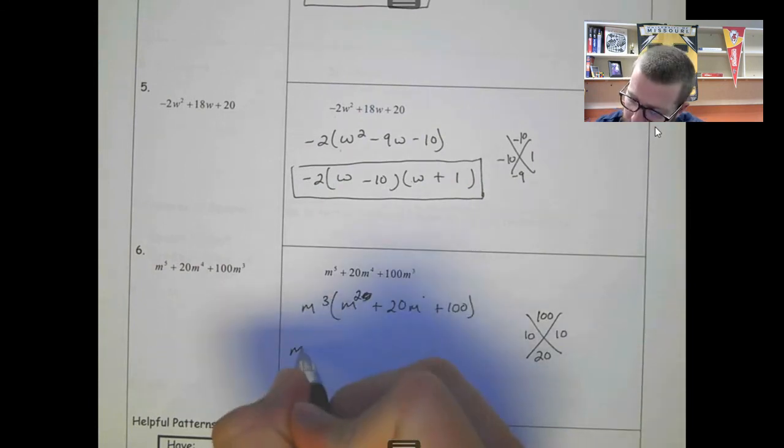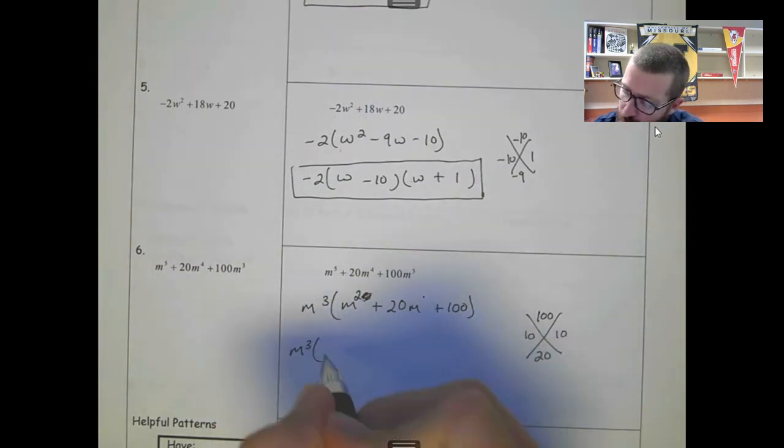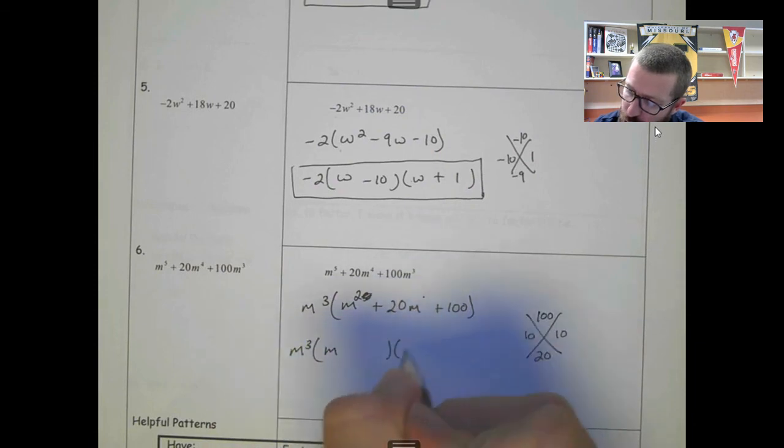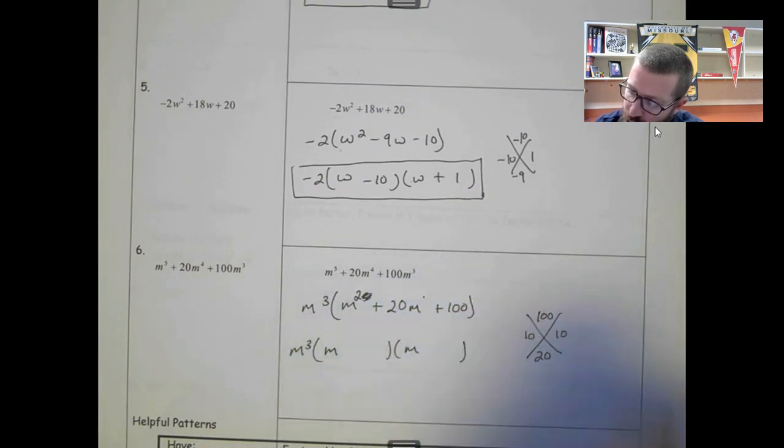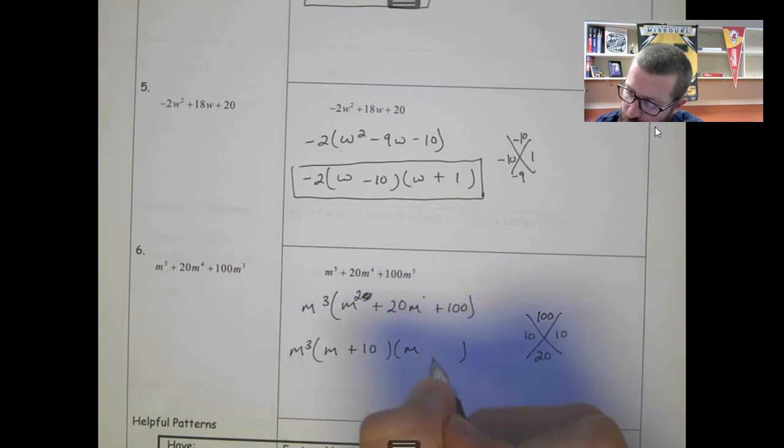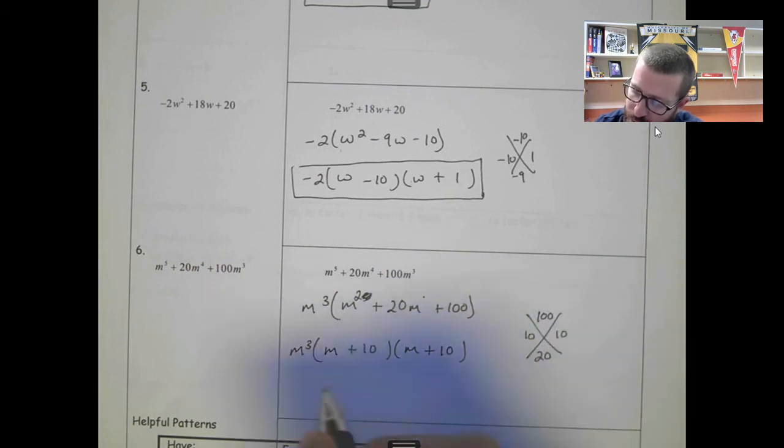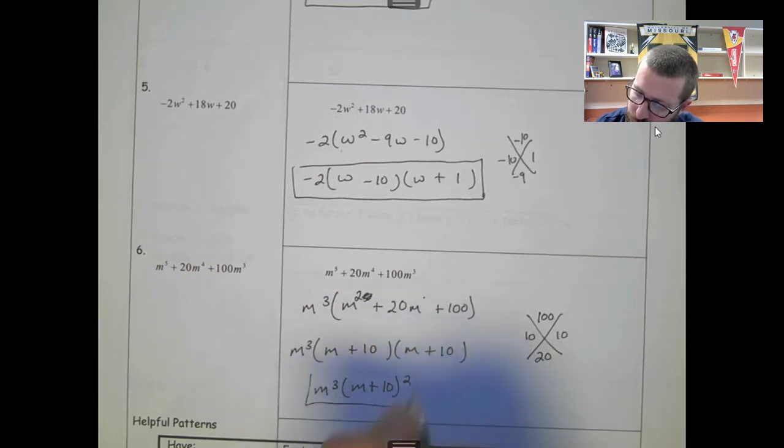So the m cubed just hangs out, does its thing out front. We need two numbers that multiply to 100 and add to 20. That would be 10 and 10. And because a is 1, and only because a is 1, I can take this shortcut. We have what's called a perfect square trinomial. And so we can write it as m plus 10 squared.